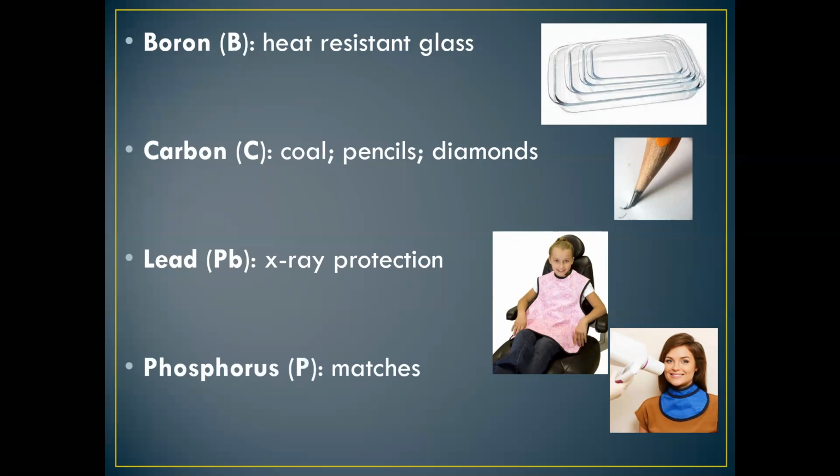Phosphorus is found in matches. It helps with ignition. It's also found in gunpowder and things like that. And it also gives matches a little bit of that unique scent along with sulfur. So like I said, within this family, you have a lot of different types of elements: metals, nonmetals, and metalloids. Therefore, they're used in all kinds of things. So this is like the dysfunctional family of the periodic table.